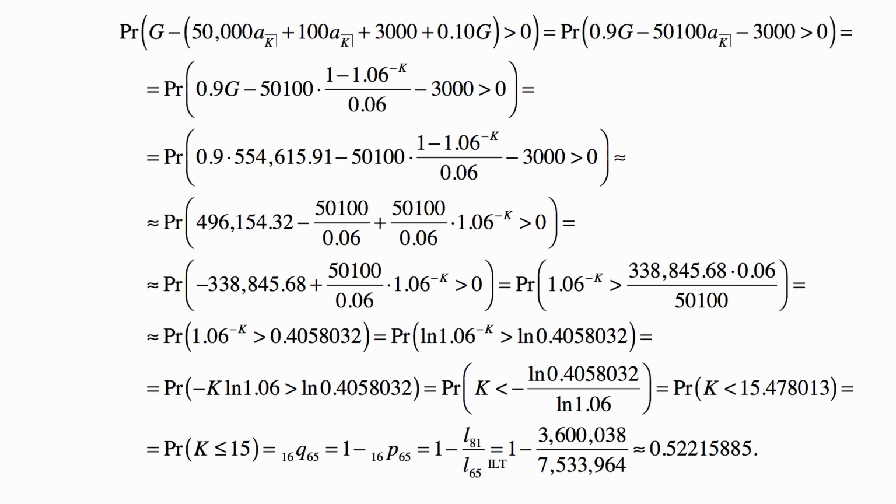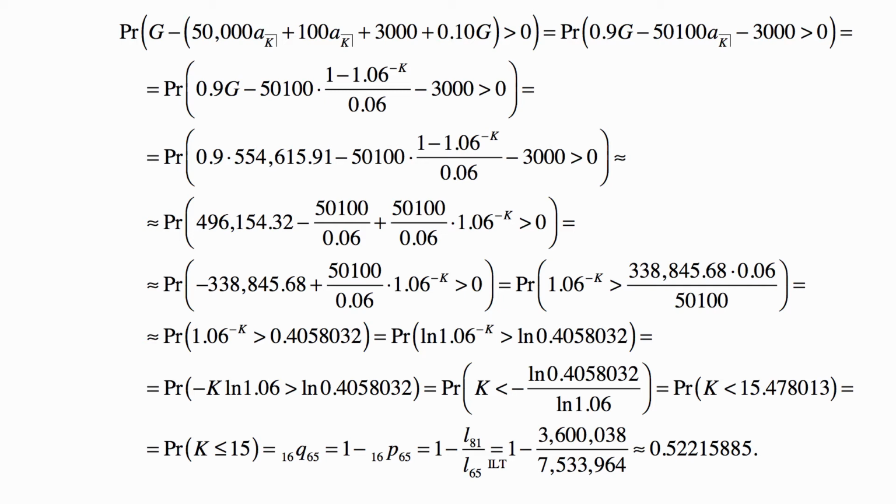We calculate that and we get the probability that 1.06 to the minus k is greater than 0.4058032. And then one very important rule that you need to remember is that when the unknown is in the exponent and you're solving an equation or inequality, take the natural logarithm of both sides. So we do that.